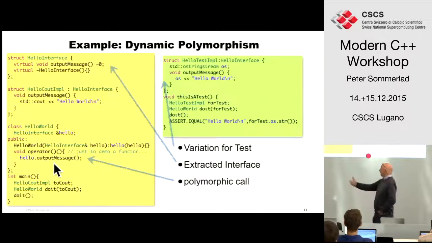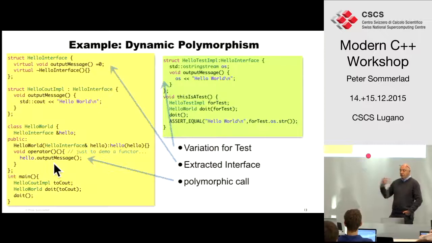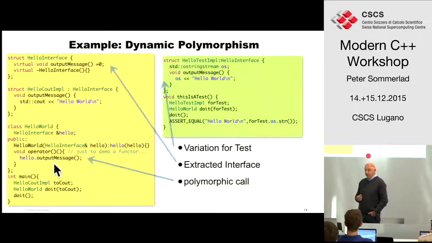And it will delegate the actual work to the virtual member functions of the hello interface object that is behind that. You cannot instantiate a hello interface object directly because it has a pure virtual member function that equals 0 up there. That means you cannot actually create such an object. You can only create subclass objects of that hello interface class.